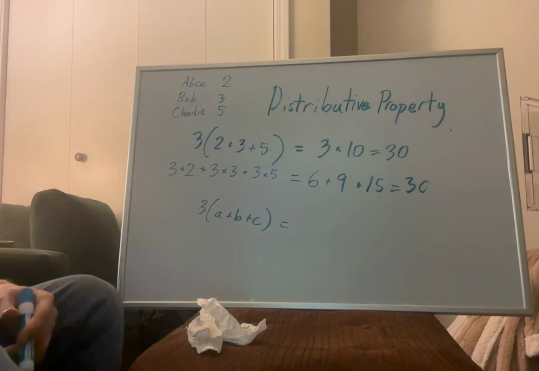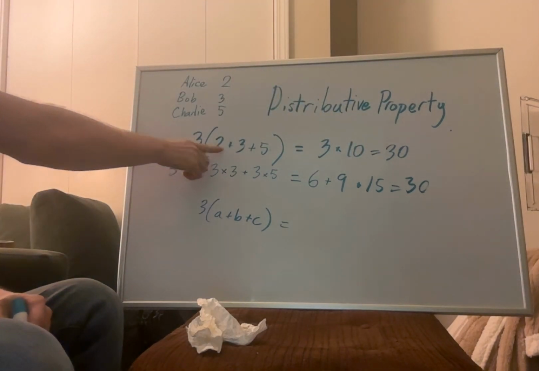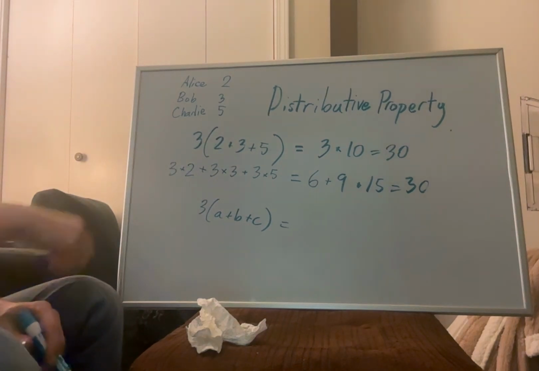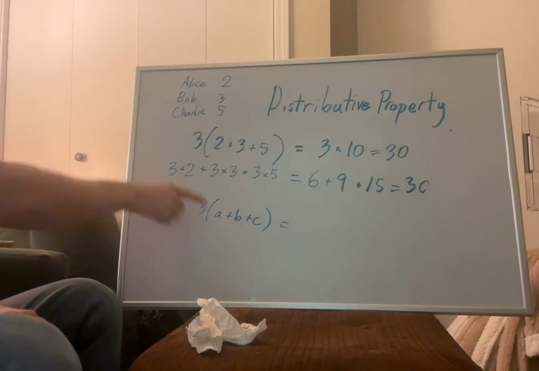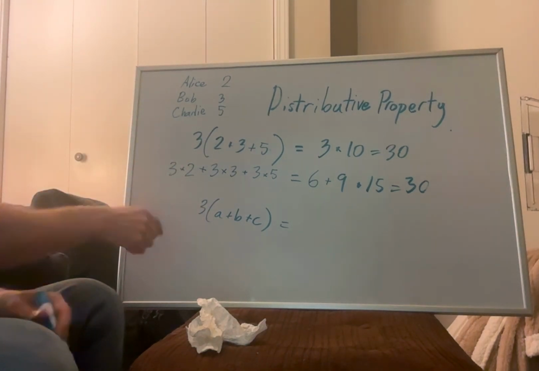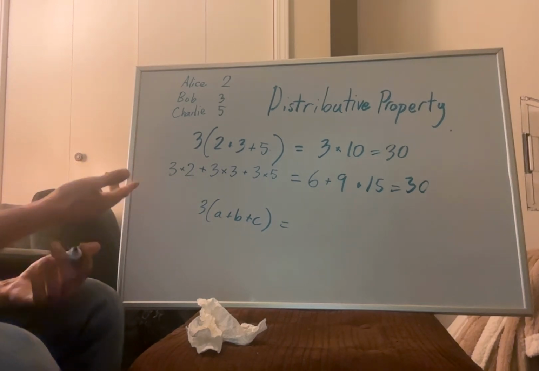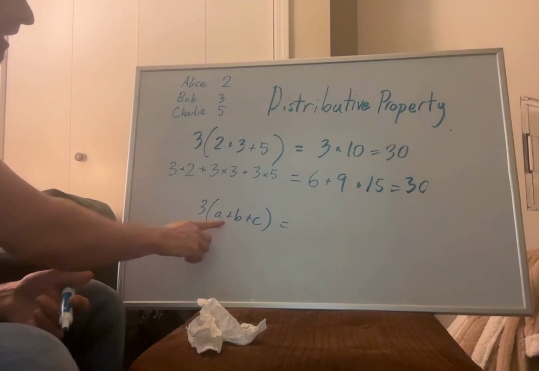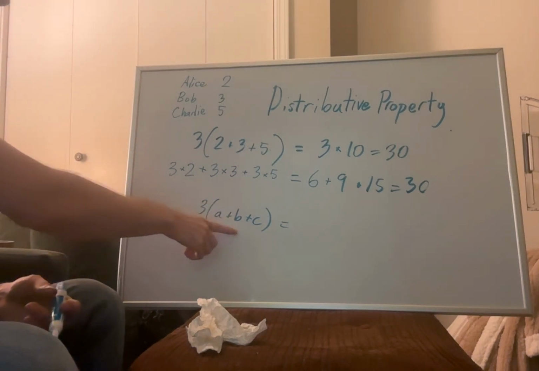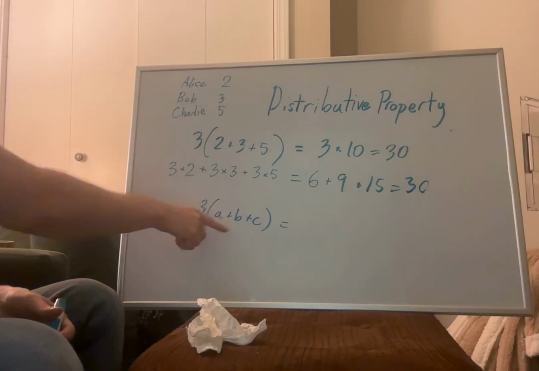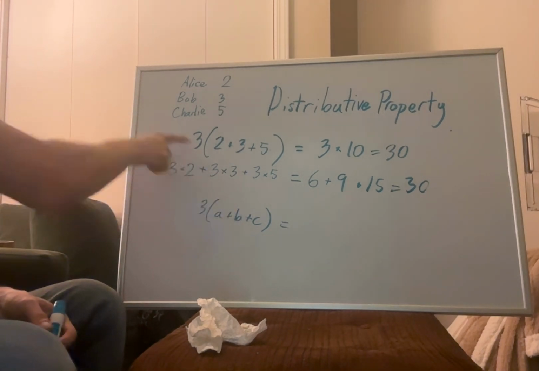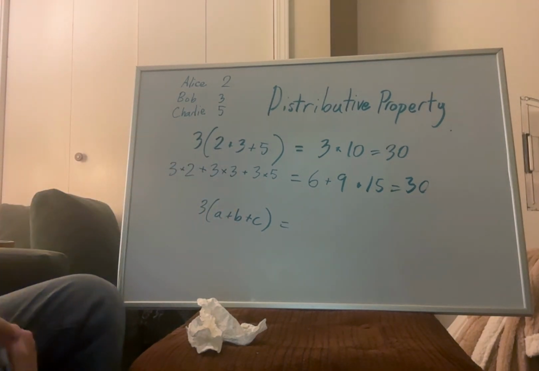So now, rather than using specific numbers 2, 3, and 5, let's say Alice made A triangles. A just represents some number. We can just figure that out after the fact. Bob is going to make B triangles, and Charlie's going to make C triangles.